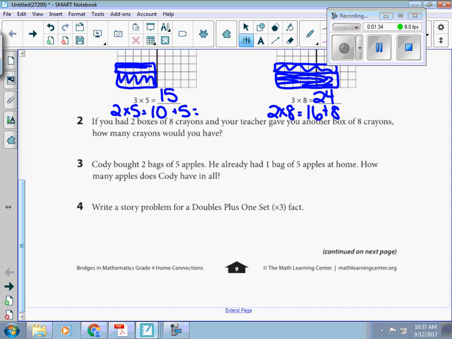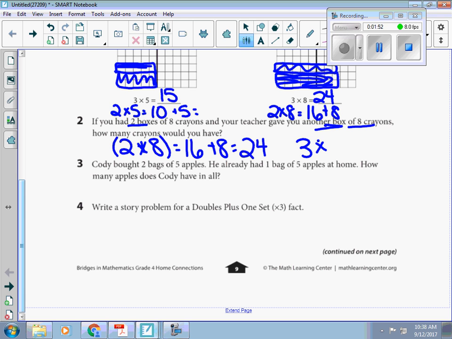Well, this is a story problem to represent that problem that we just did. So we did 2 times 8, and we got 16, and then she gave us another box of 8 to get to that 24. If you know your math facts, you could say 2 boxes and one more box is 3 boxes, so 3 times 8 is 24 crayons.